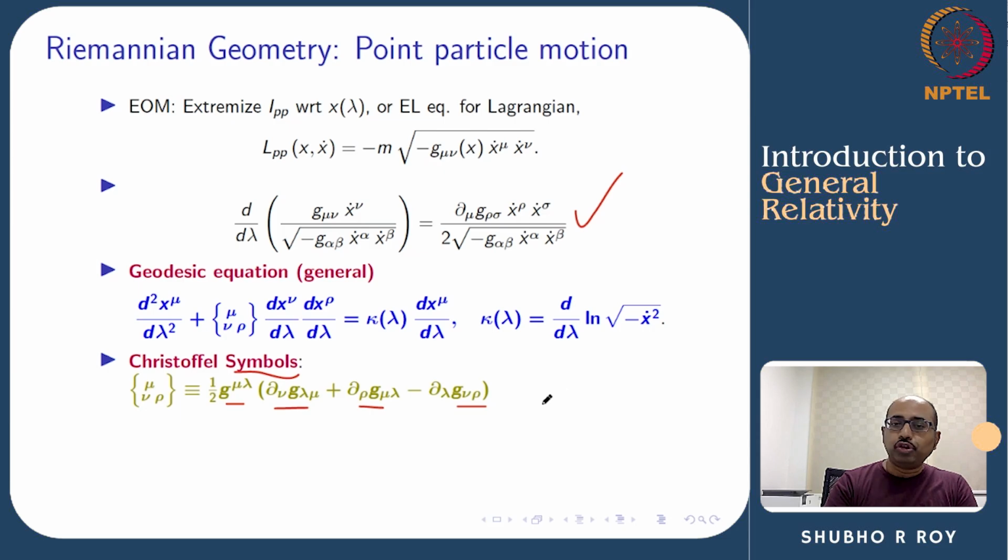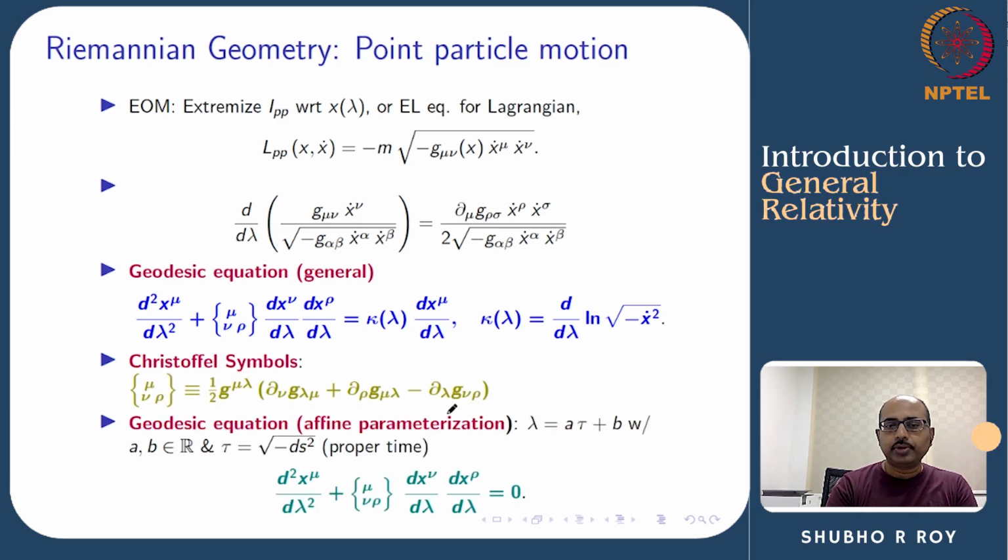We can choose a parameterization in which this kappa vanishes. Those parameters for which kappa vanishes are called affine parameters. And what we have is the equation of motion called the geodesic equation, in affine parameterization, in which the right hand side is 0.